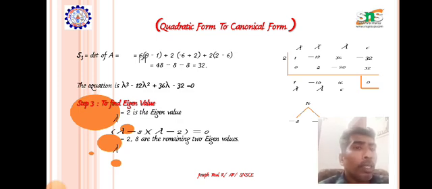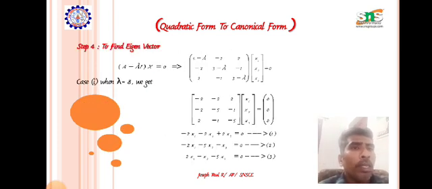Now we find the roots, which are 2, 2 and 8. The roots are repeated because 2 occurs twice.